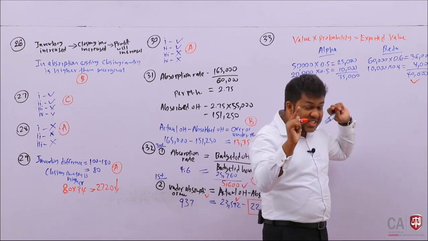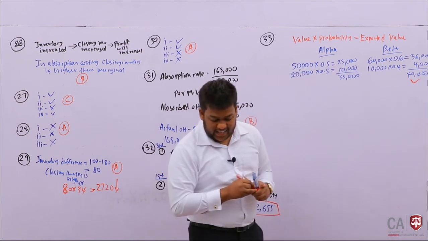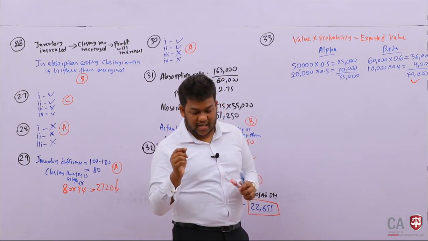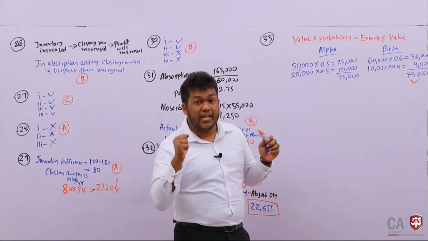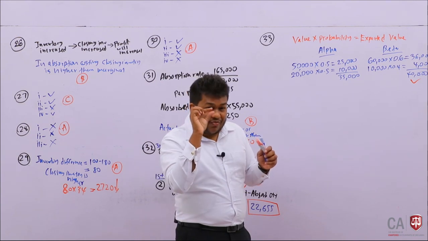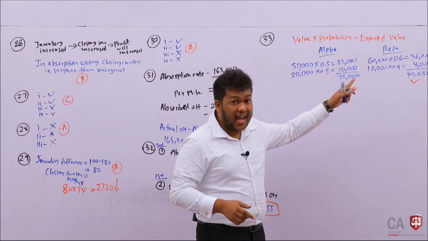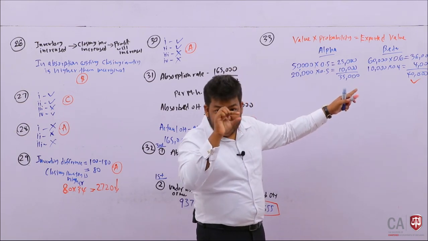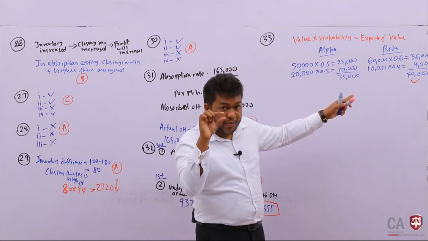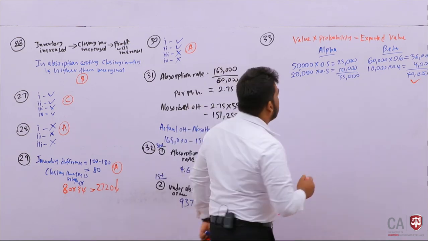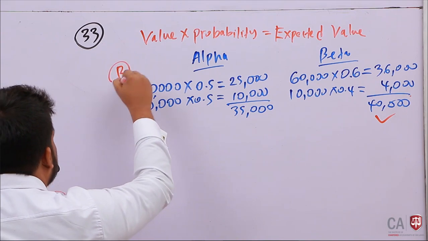But it asks you to decide only one, so in that case, only project beta. Both projects can be selected if these are not mutually exclusive. When they put decide between two projects, the answer is only beta. If they don't put that word, then the answer should be both projects. So the answer for this is project beta, that is answer B.